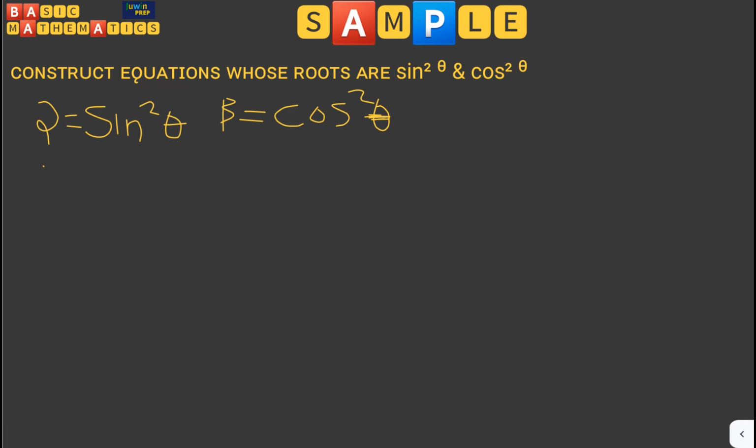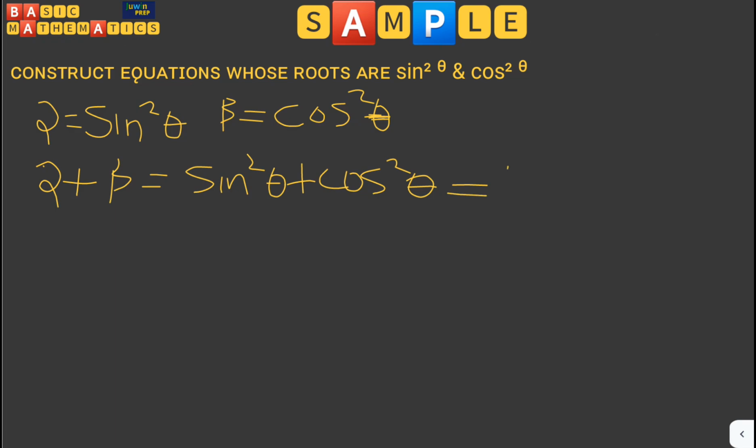is we would find the sum. So we'll find the sum. And how do we go about that? We say the sum of alpha plus beta equals sine squared theta plus cos squared theta equals 1.